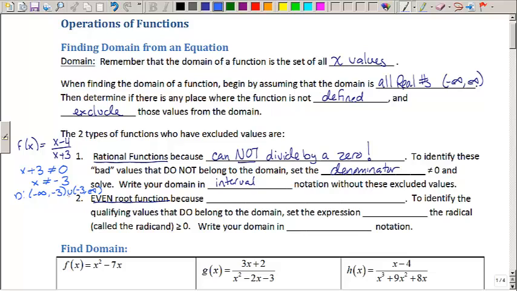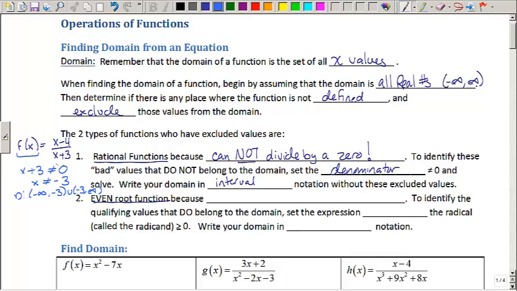In this section, when we're trying to find domains from equations, sometimes I like to think of f of x as like a party planner, and the domain is like your invitation list. Who are we going to invite to the party? Well, we always assume we're going to invite everybody, and we're just going to take out the one invitation that we don't really want to include.